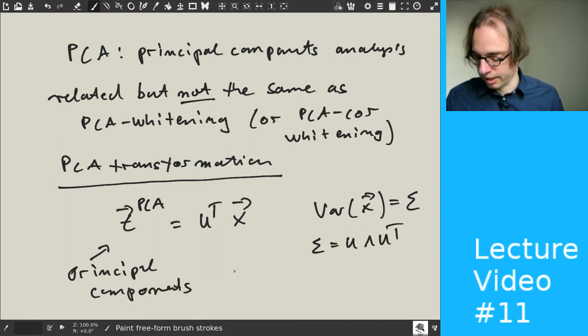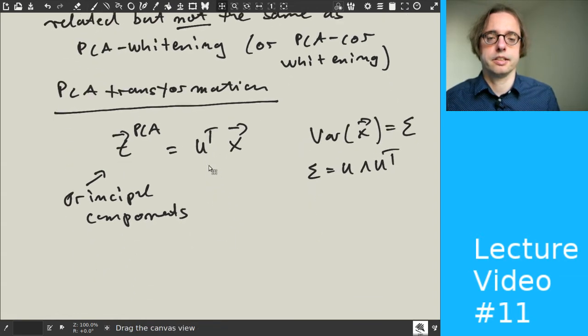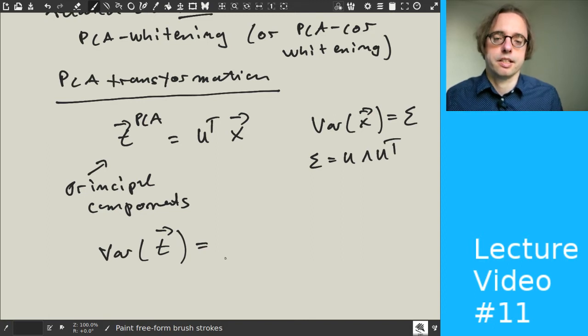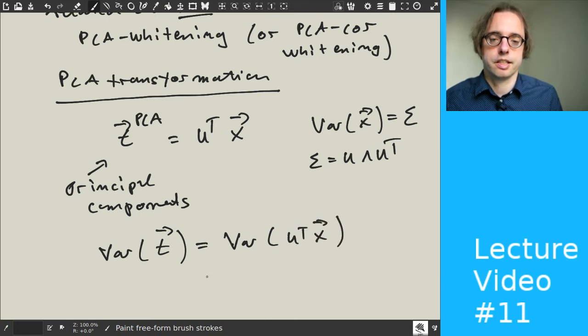So what is the interesting thing now? The interesting thing is the variance of this principal component vector. It's easy to show that this variance is the variance of U transpose X, and that's U transpose sigma U, and that's lambda.